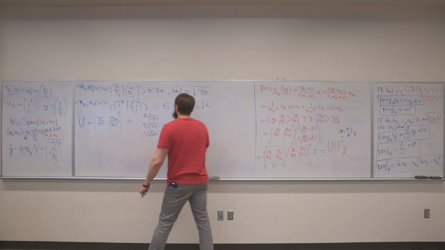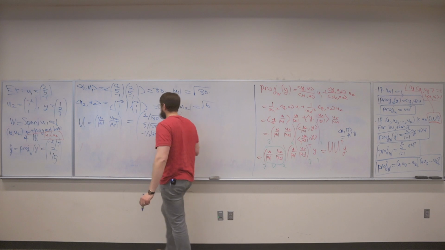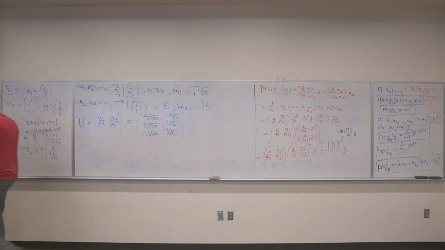That's the first column. The second column is this, minus 2 divided by root 6, 1 divided by root 6, 1 divided by root 6. Okay, that's my U. As you see, it's 3 by 2.